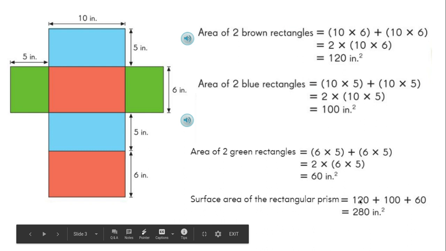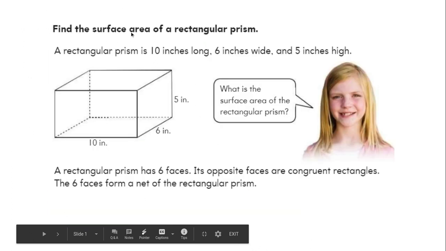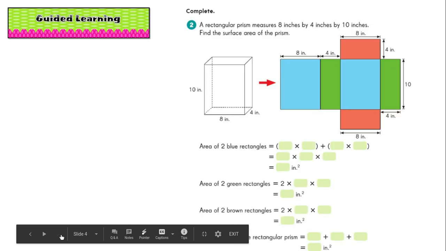So 120 plus 100 plus 60 equals 280 inches squared. So the entire surface area of this is 280 inches squared. And here's what it looks like if I were to not look at it as a net.